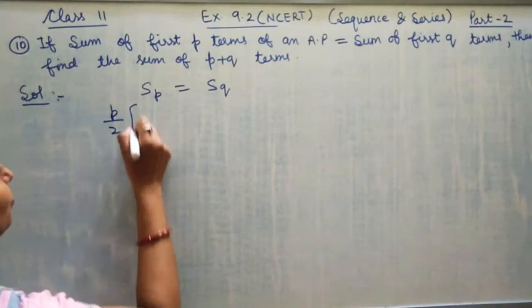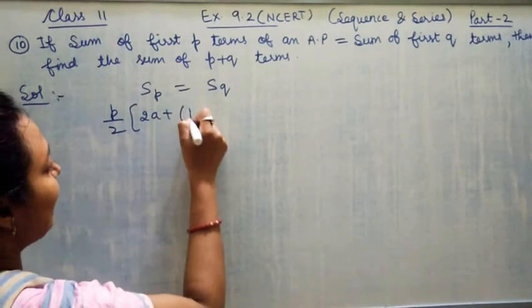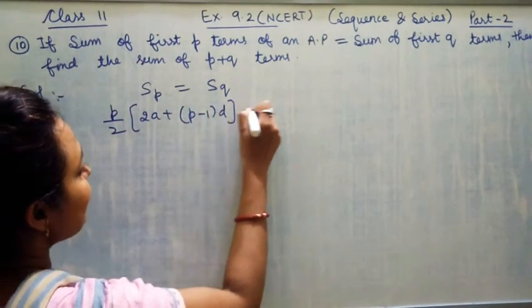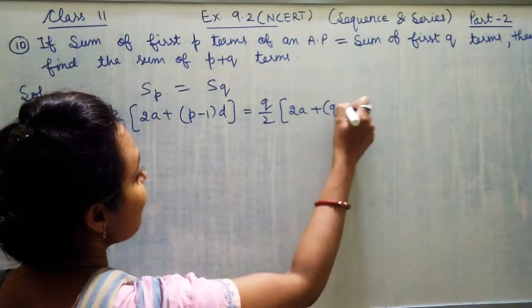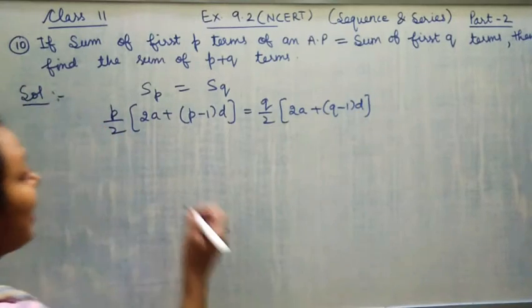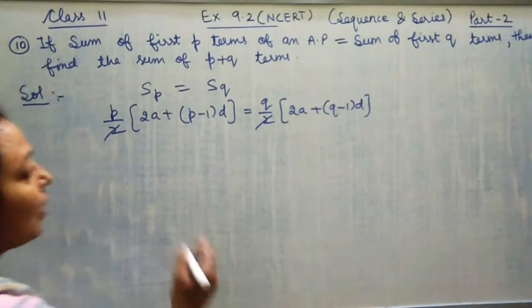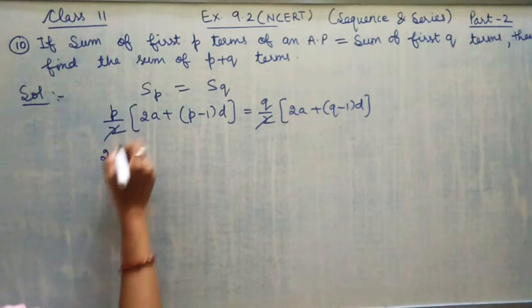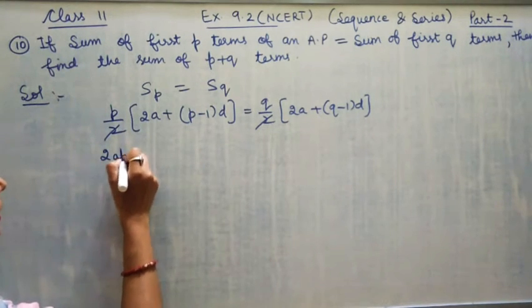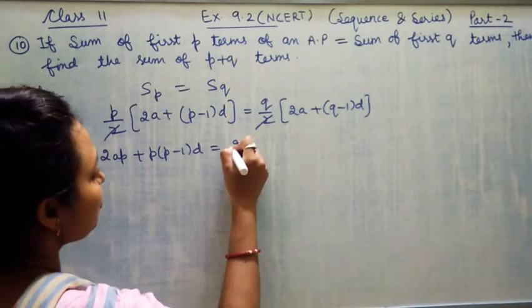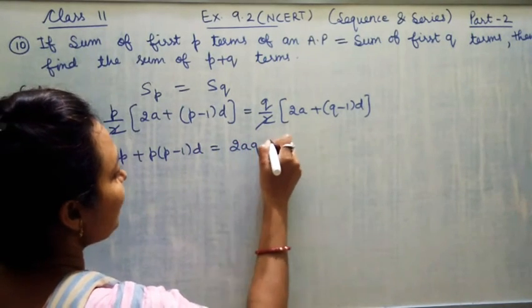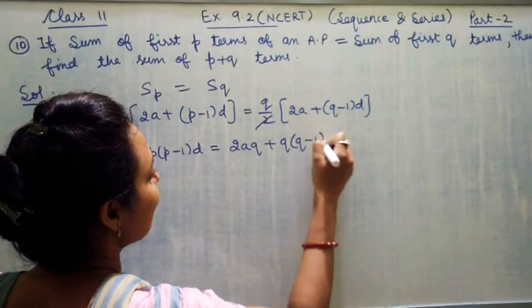p by 2 times (2a plus (p minus 1) into d) is equal to q by 2 times (2a plus (q minus 1) into d). This 2 and 2 will cancel. I will multiply by p and q: 2ap plus p(p minus 1) into d is equal to 2aq plus q(q minus 1) into d.